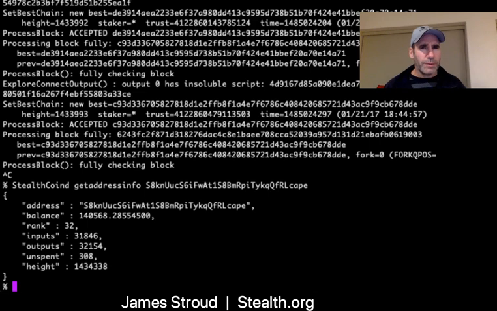What you want to do is minimize disk reads. So that's what I try to do. This one, if you notice, doesn't have 1,511 outputs or so. It has 32,154. A lot more, almost 20 times more.